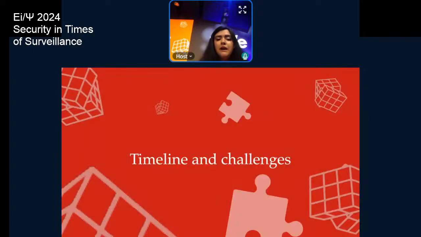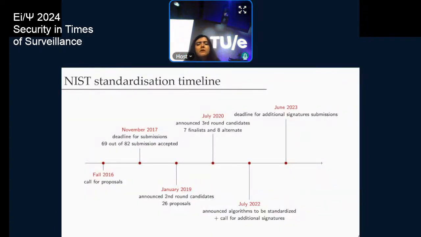Okay. Now, about the timeline. I put in the NIST standardization timeline because it is the most famous standardization process. The way that this works is that, in the fall of 2016, they put out a call for proposals, asking people to submit schemes that might be chosen for standardization.